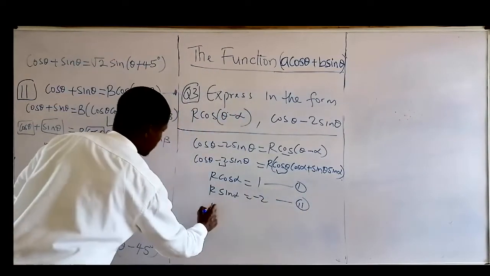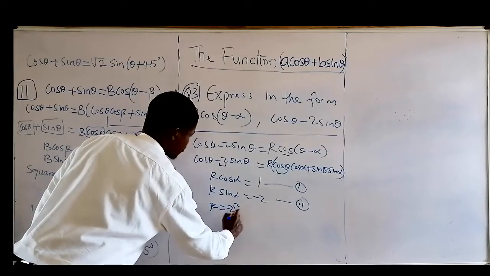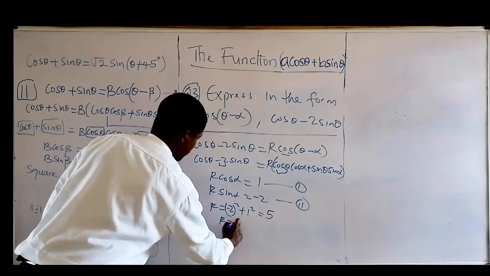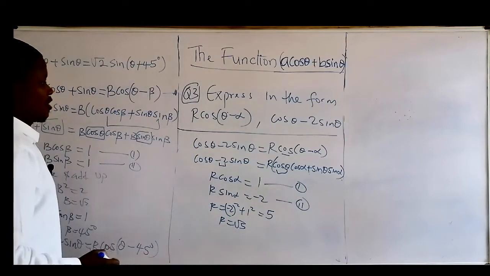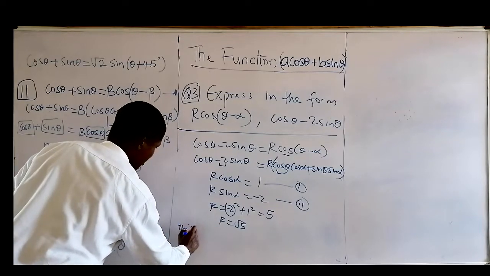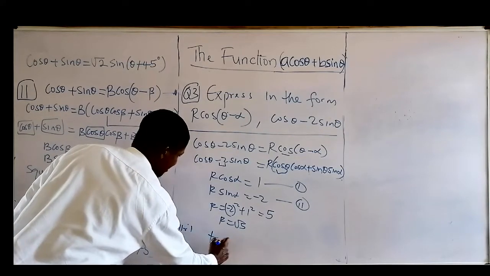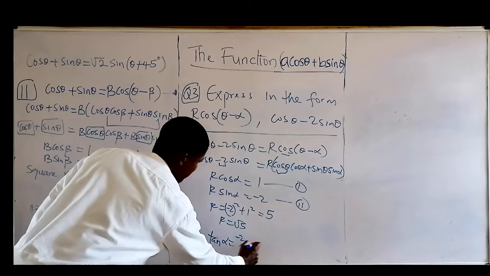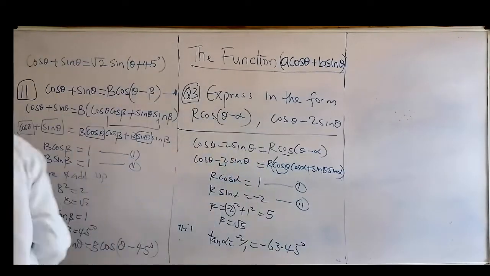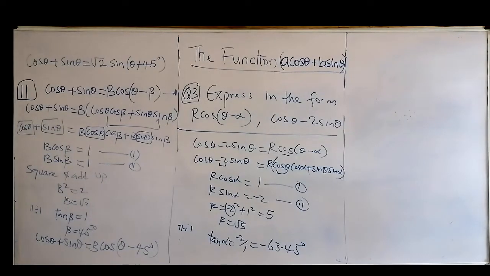Then R will be the square root of 2 squared plus 1 squared, which is 5. So R is root 5. Then divide equation 2 by equation 1, we have tan alpha equal to minus 2 over 1, so alpha is minus 63.43 degrees.